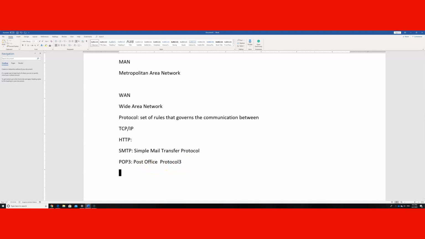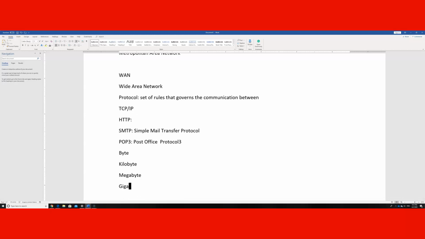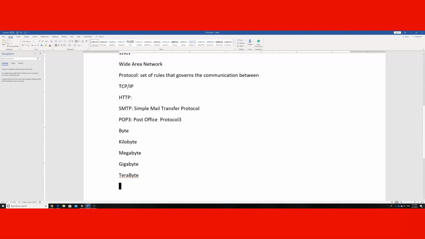Also, we have to understand, as a review, the relationship between byte, kilobyte, megabyte, gigabyte, and of course terabyte. If I ask you a question, how many bytes in 6.5 terabytes?